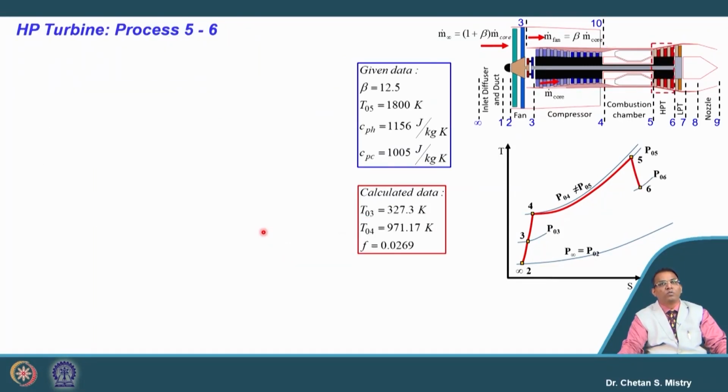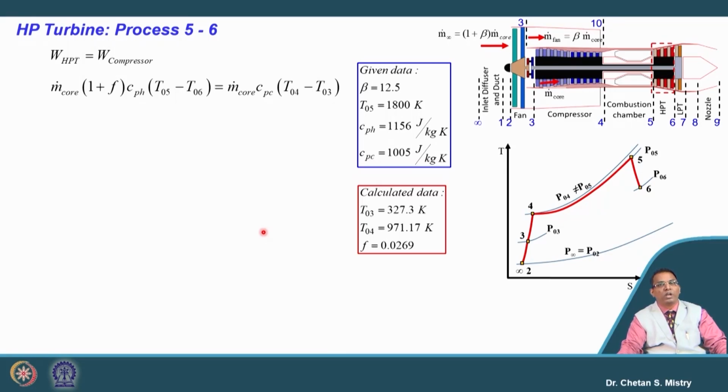Okay. Now, since our turbine entry temperature is known to us, the next calculation is for the exit temperature from the HP turbine. For that, we will put in our work balance equation. The work developed by the HP turbine is what will be used to rotate our compressor. So, let us write down the equation: m dot core into (1 plus f) Cp (T05 minus T06) equals m dot core Cpc (T04 minus T03).